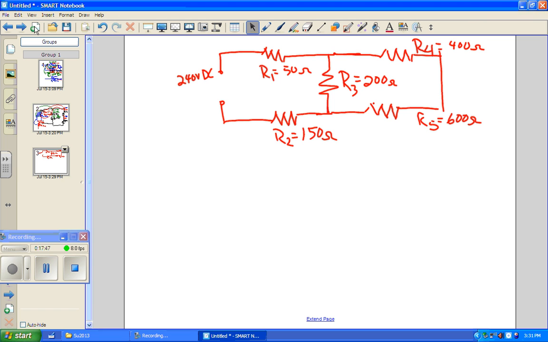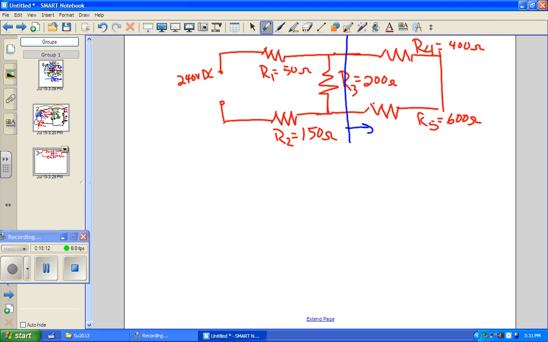All right, let's say that we are looking at a slightly more difficult problem, and we look at it and we see very quickly that if we put a divider line right here, and look at everything to the right of that, that's just a series circuit, right? Series branch.